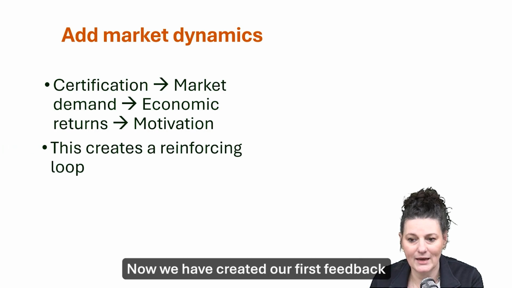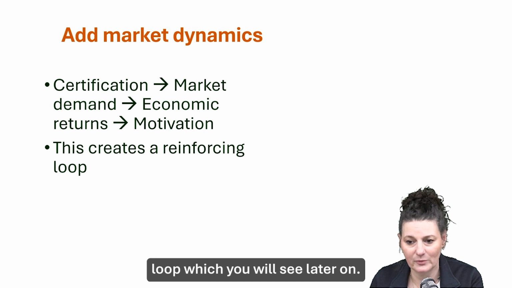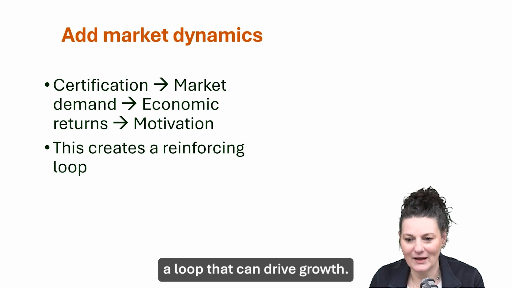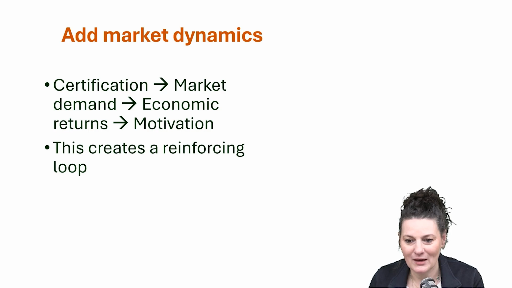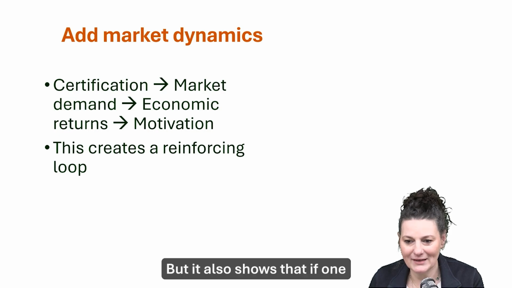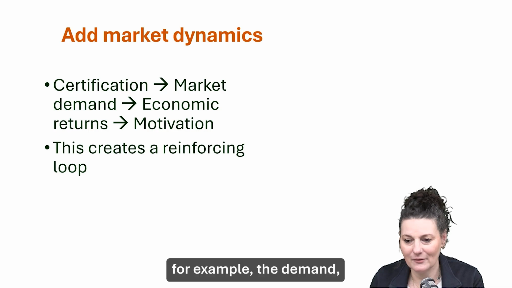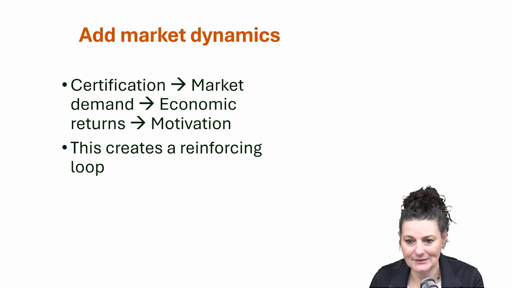Now we have created our first feedback loop, which you will see later on. This is a reinforcing loop, a loop that can drive growth. But it also shows that if one of the elements is weak, for example, the demand, the whole loop may not activate.